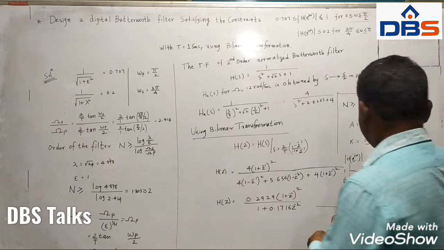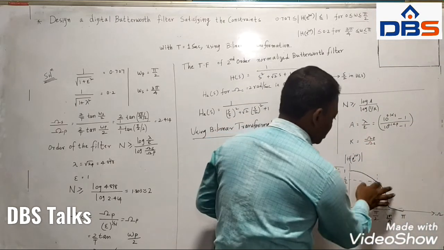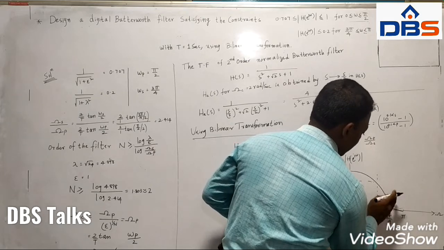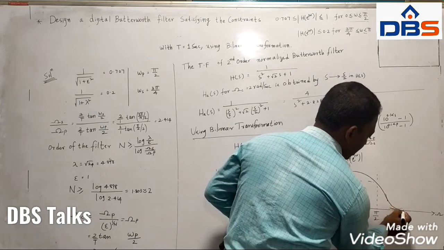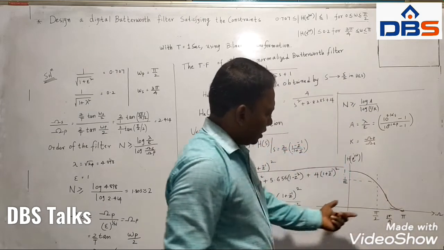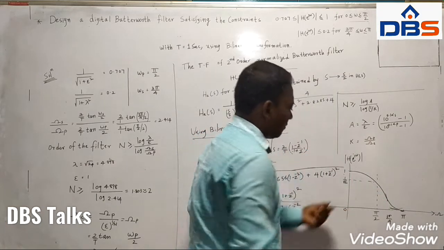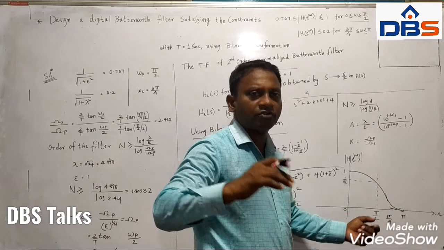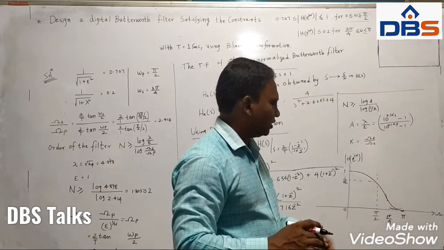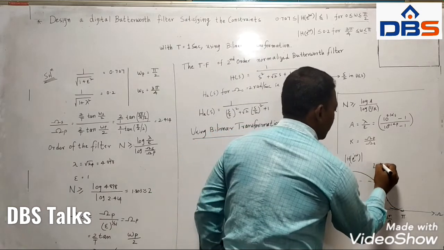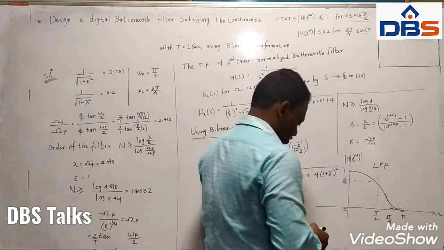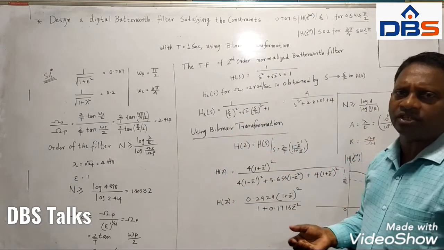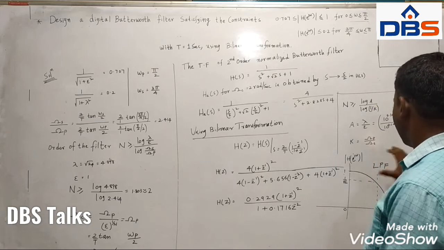By looking at these characteristics, what can you understand? Which type of filter is this? At low frequencies its amplitude is maximum, and at high frequencies the amplitude reduces slowly. That is why we can say that it is a low pass filter. Most of the problems in the examination appear as low pass filter problems, so that is why I have taken this.